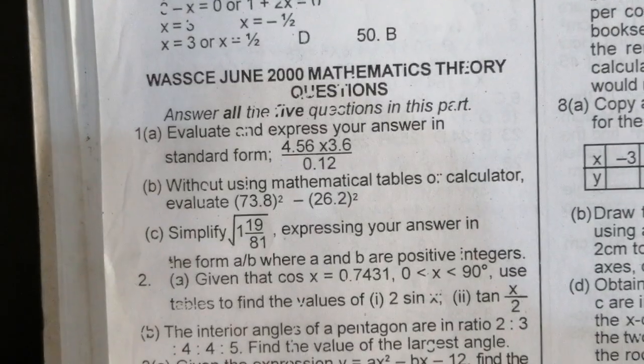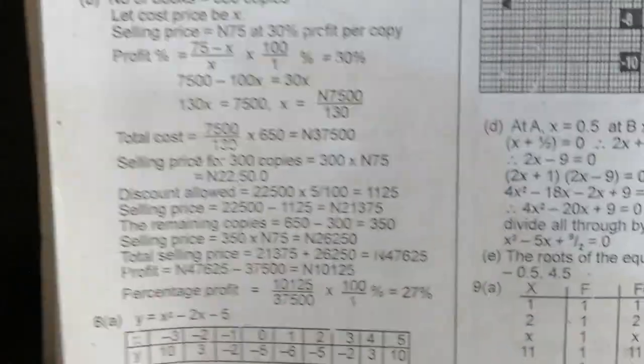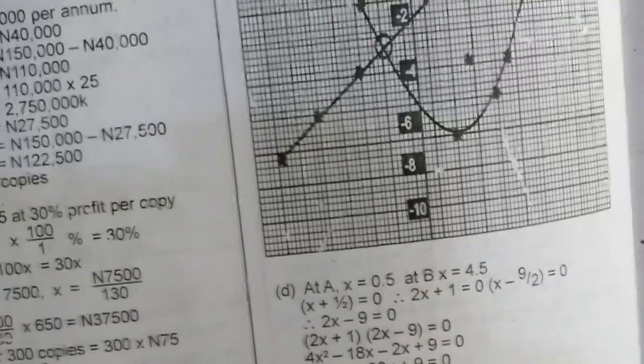We just did simplification now. You see that this one is coming as an improper fraction. Let's continue. This is just to tell us some of the questions that we'll be touching base with, so that we can all be carried along to see how important the topic is.